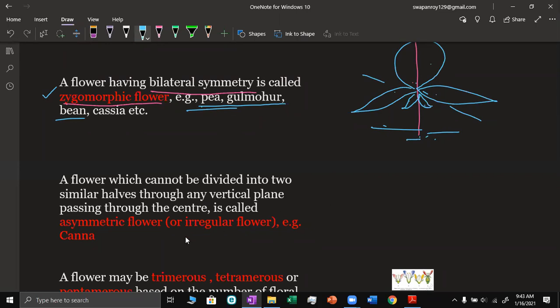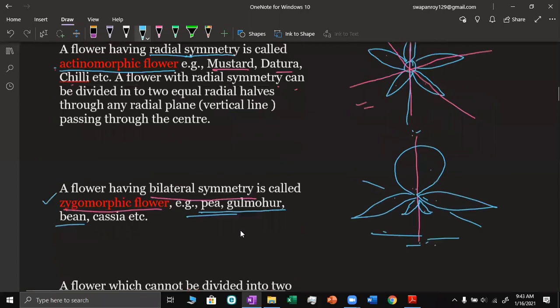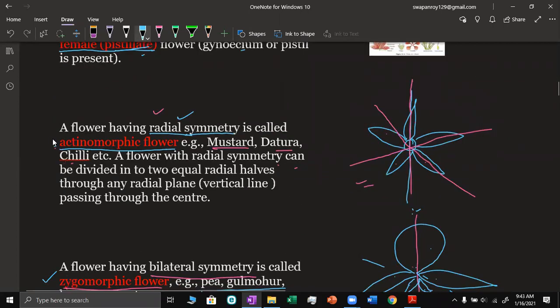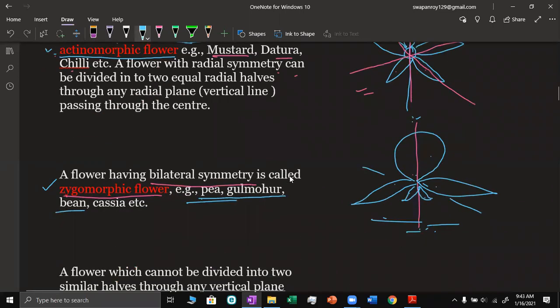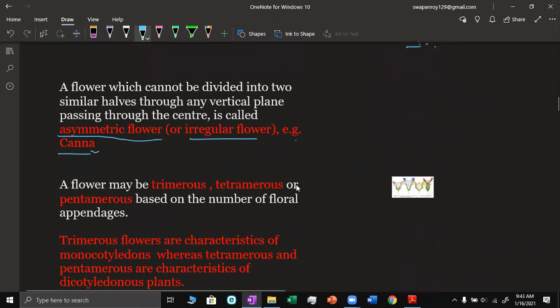So those flowers are known as asymmetric flowers, and they are irregular flowers, and it is Canna. The actinomorphic flowers are regular, regular actinomorphic, and they have radial symmetry.